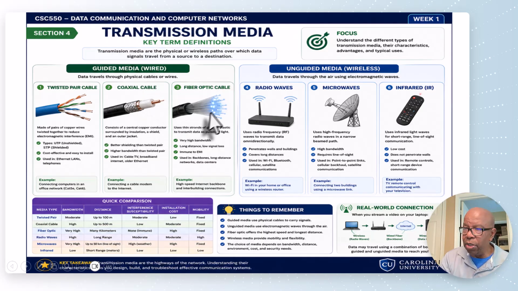Fiber optic, where we're actually transmitting light instead of, say, electrical pulses. Radio waves, microwaves, infrared. These are all various methods that we can use to physically get information from the sender to the receiver.